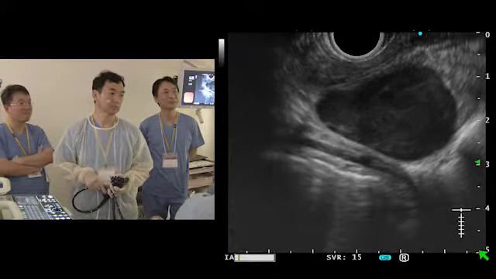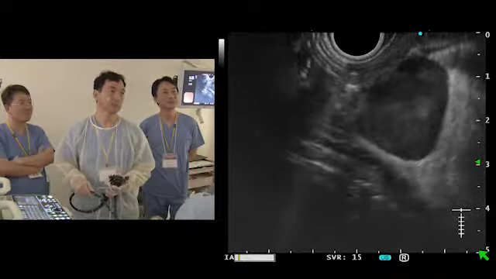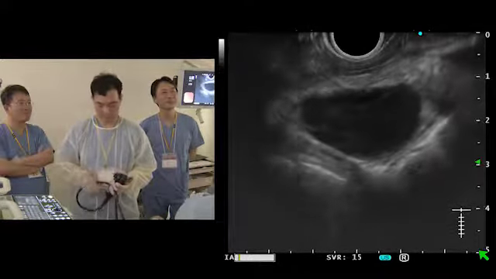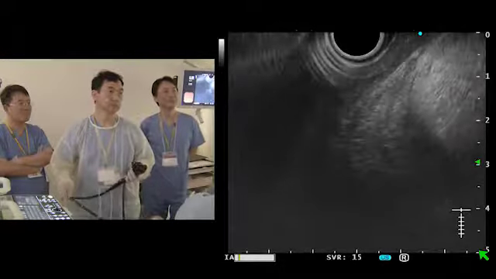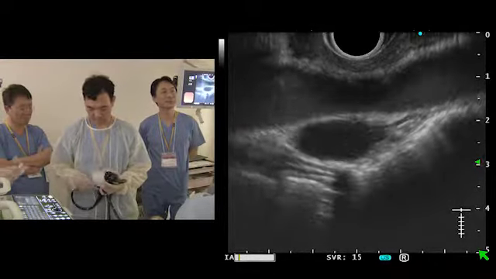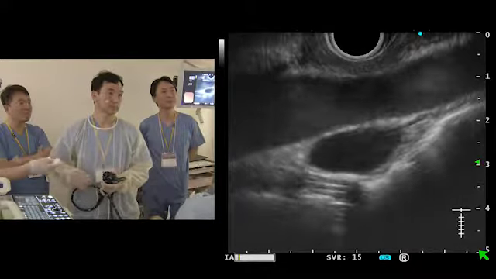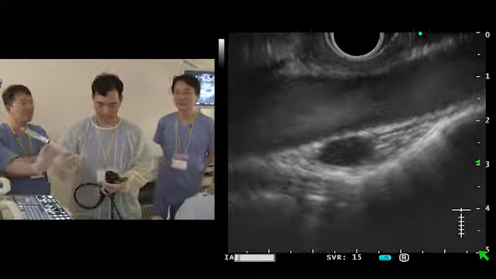So maybe we can approach endoscopically. If its size is more than 5 centimeters, then the submucosal approach gets very difficult. Even when we dissect around the tumor, extraction is difficult to complete.